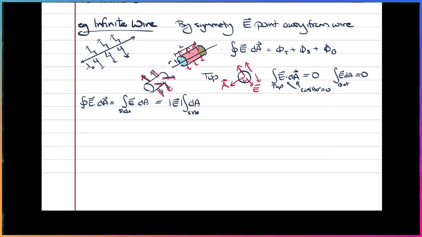Because the electric field, again, by symmetry, must have the same magnitude everywhere on the side. This then is just E. Now the area of the side, you can think of it, it's 2 pi r multiplied by the length. Essentially, take 2 pi r, which is the circle, and then I have L of them, right, to create the entire side.